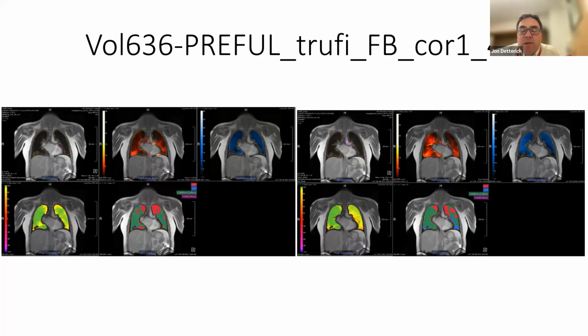If it's red on the VQ defects, that means there's no perfusion. That's a mismatch driven by a perfusion defect. So that's decreased perfusion to those red areas. And the blue areas are decreased ventilation. Interesting.